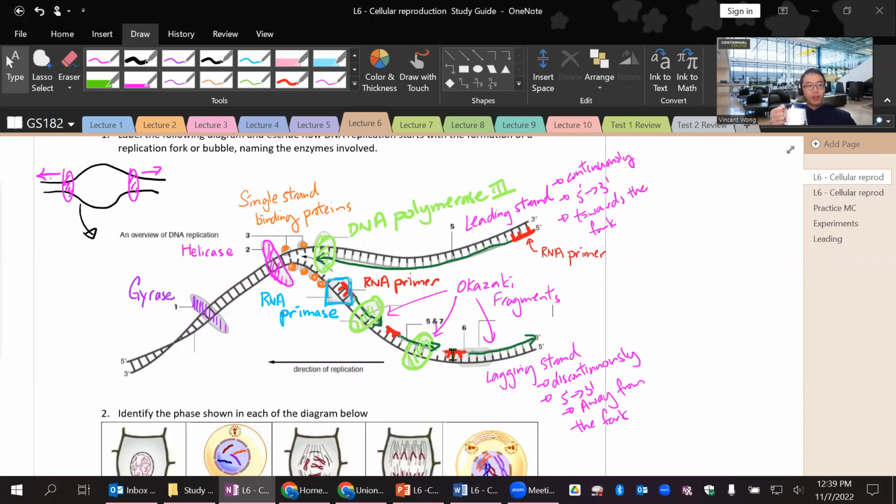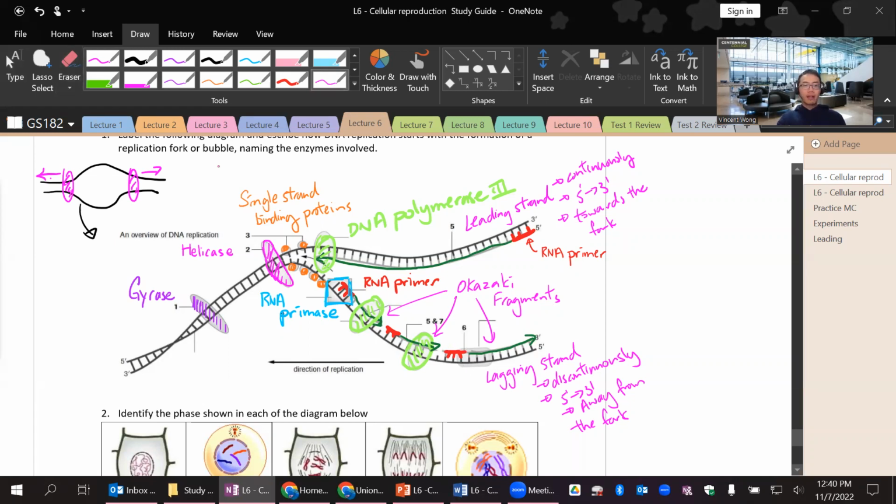After number 3 falls off, what enzyme is going to take its place? If you're thinking about DNA polymerase 1, that would be correct. Okay, so after number 3 falls off, number 1 will take its place. And the job of DNA polymerase 1 is to remove all these primers and replace it with actual DNA. Okay.